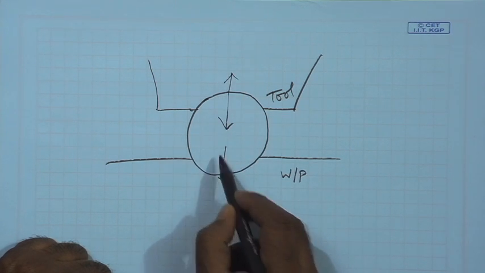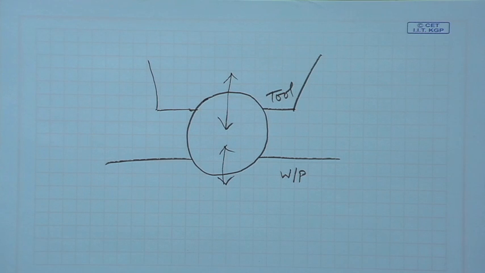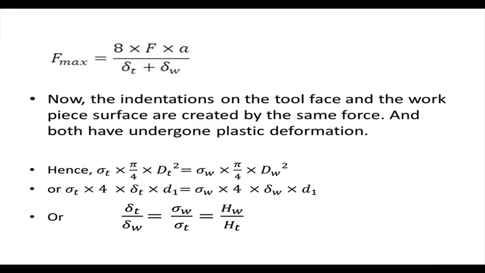If we consider that speeds are not very high, so that other forces are not existing, the same force is creating the indentation on the tool side and the indentation on the workpiece side.